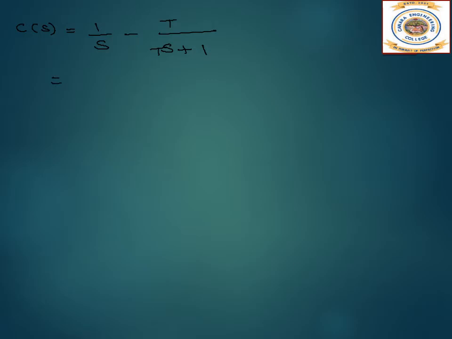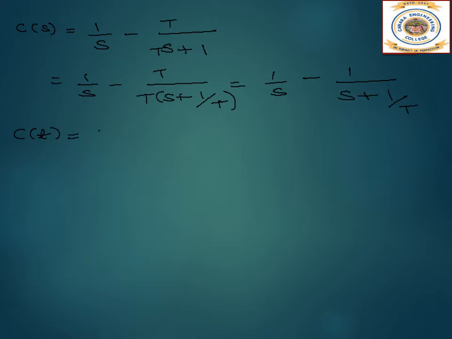So this I can write as 1 by S minus, if I take this T out, T by T S plus 1, which I can write as 1 by S minus 1 by S plus 1 by T. Now finding the Laplace inverse, C of t equal to 1 by S Laplace inverse is 1, minus 1 by S plus 1 by T is e to the power minus small t by capital T. This is the output response.